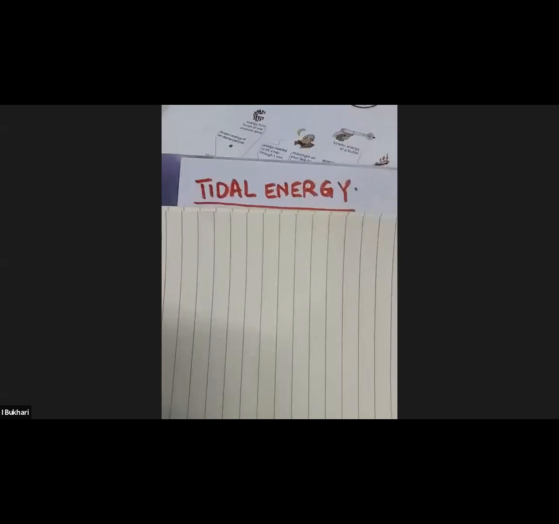Who will tell me, is there any difference between wave energy and tidal energy? Wave is due to wind and tidal is due to the moon. Very good, Aisha. No, Manal, Aisha is correct.